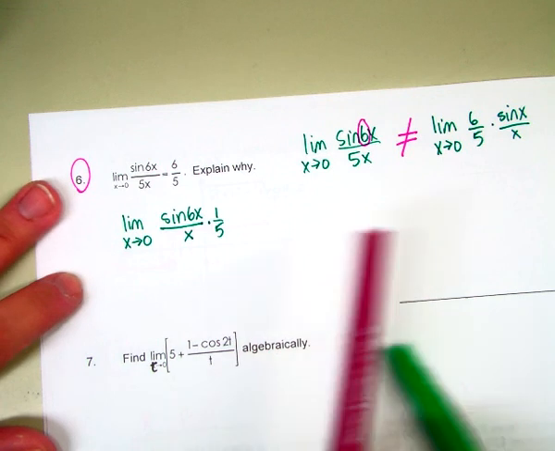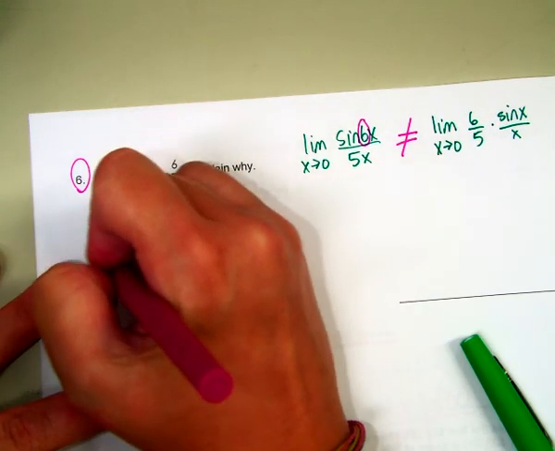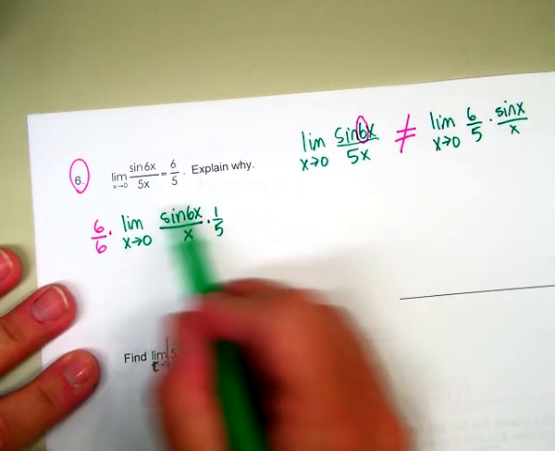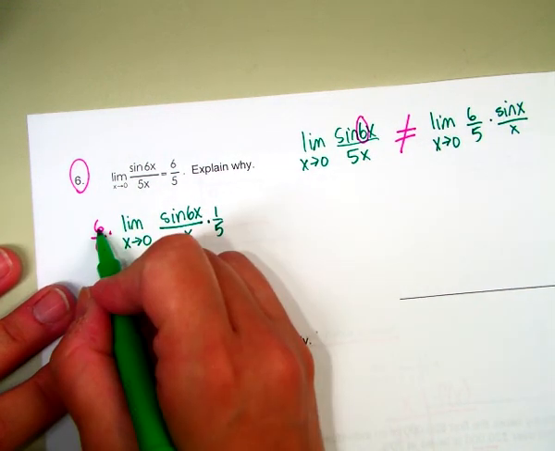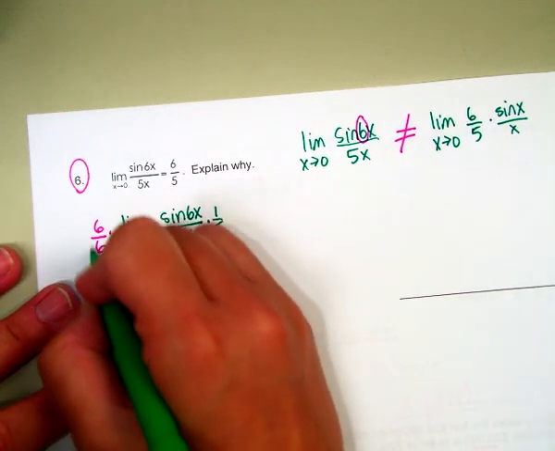So the way that I actually solve this is to multiply this limit by 6 over 6, okay? And then what I can do is I can reorganize some of this information. So this 6 doesn't matter, right? I mean, I guess I could write it next to here, but really I need this 6 down here.